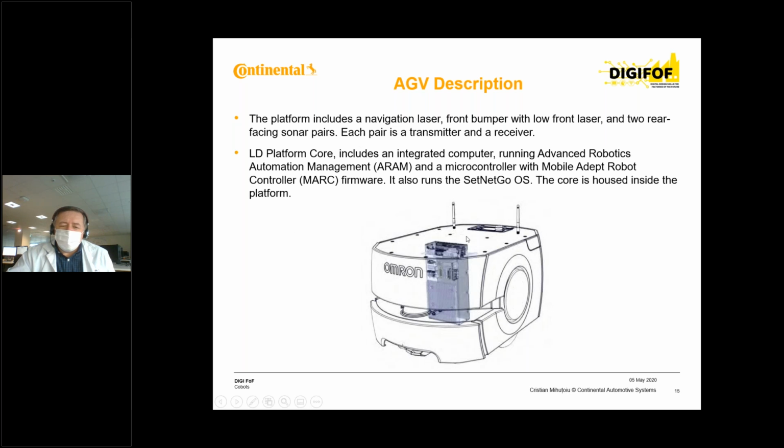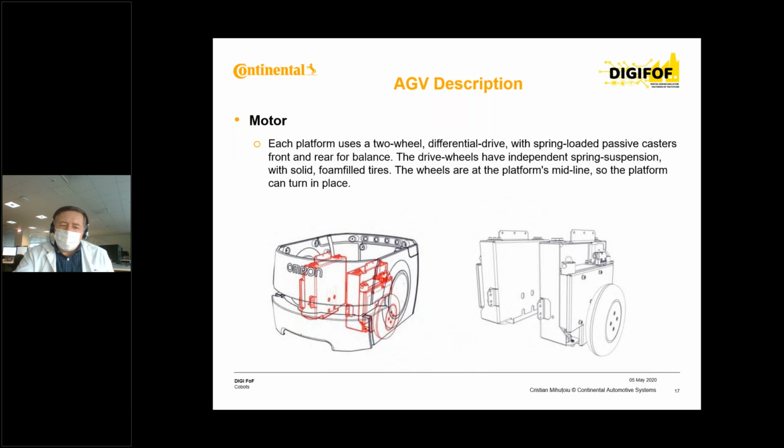So the AGV has its own brain that operates it, and this brain is connected with the other components of the system in order to be able to run.